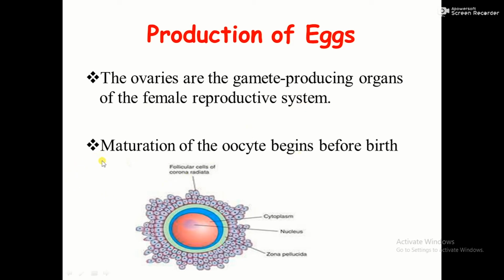Actually there is a maturation process, not a formation process, for the ovum. Why? Because the ovums are already formed before the baby girl is born. So the maturation of the oocytes begins before birth, not after birth.